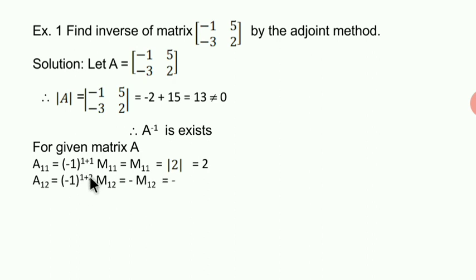A12 is equal to (-1) raised to 1 plus 2 into M12. It is equal to minus M12, which is equal to minus of determinant obtained by deleting first row, second column, means it is -3. So minus of determinant -3. Now value of determinant -3 is -3. So here minus minus becomes +3.